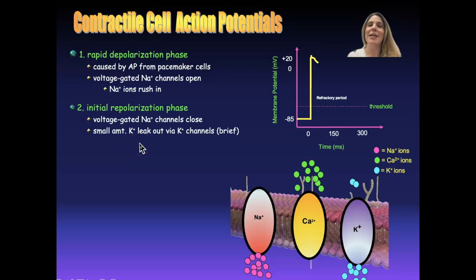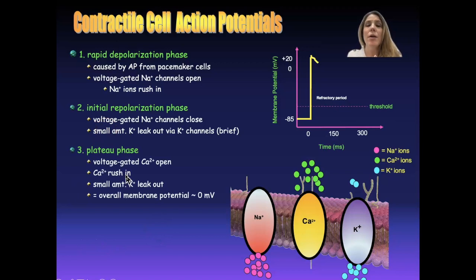What happens next is very interesting and very different from what happened with the pacemaker cells. We're going to go through what's called a plateau phase where not much is happening. Remember that we just got down to 0 millivolts, and during this plateau phase, it's going to stay at 0 millivolts for a while, producing what's called a refractory period.